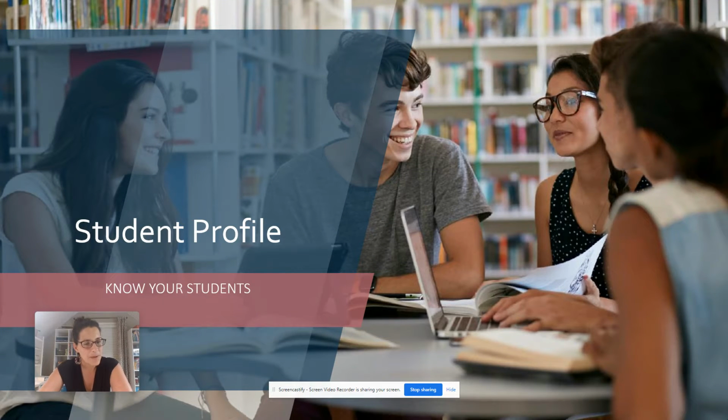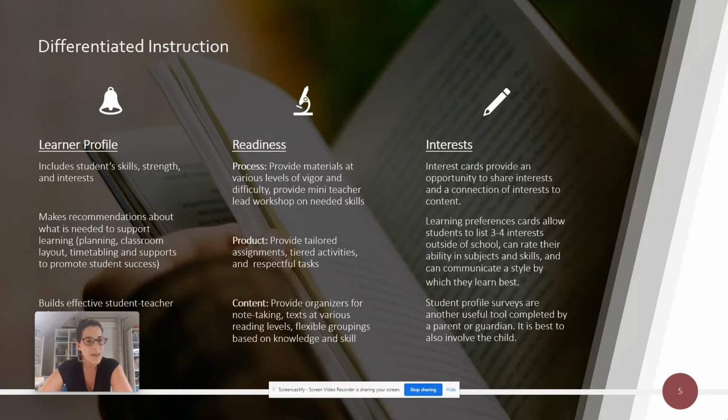The next step would be to create student profiles. Getting to know your students obviously is an important part of school, but it's most importantly an important part of differentiating. Some vital information is needed in order to differentiate appropriately and effectively.